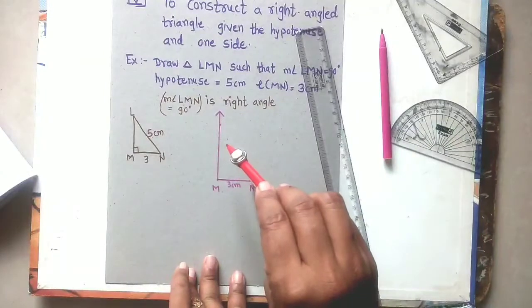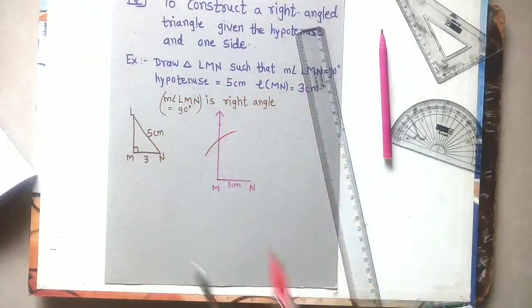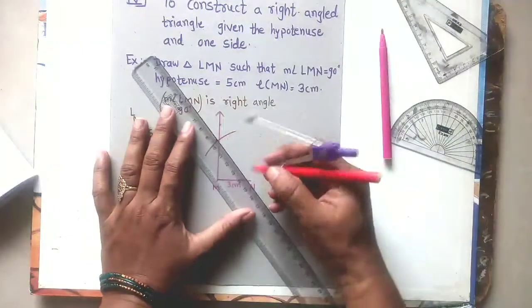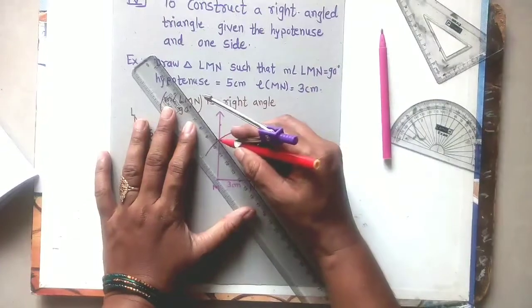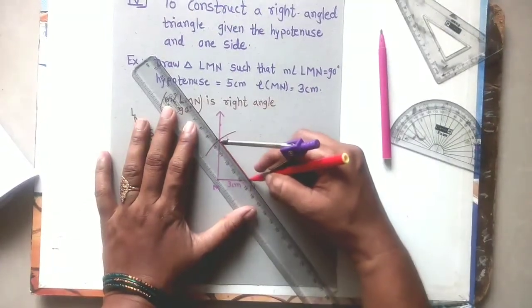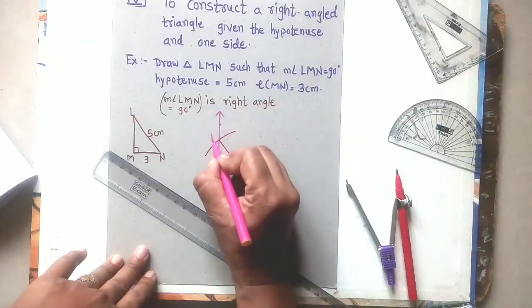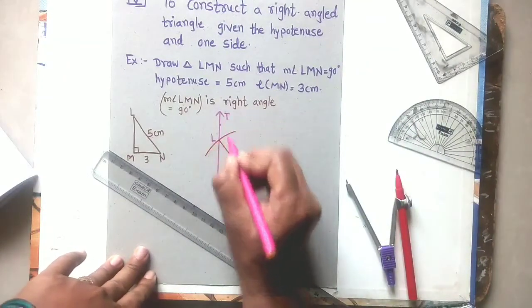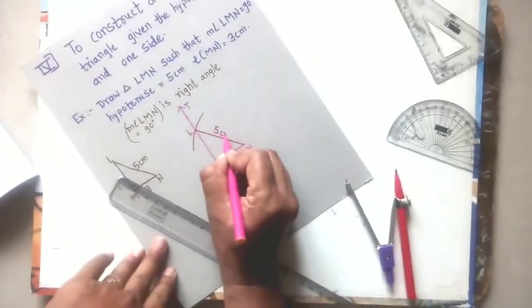Draw an arc to cut segment MT at L. Triangle LMN is the required triangle. Name all points and write the measurements of all sides.